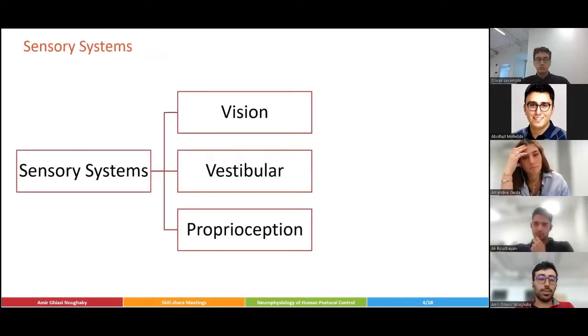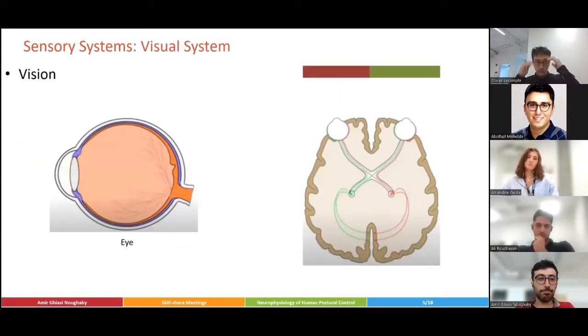The sensory systems participating in postural control include vision, vestibular, and proprioception or somatosensory. For vision, the visual sensory system provides information about the body orientation and movement with respect to the environment.